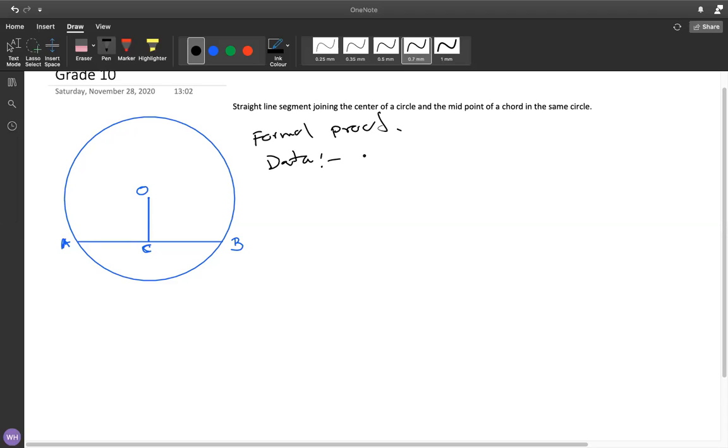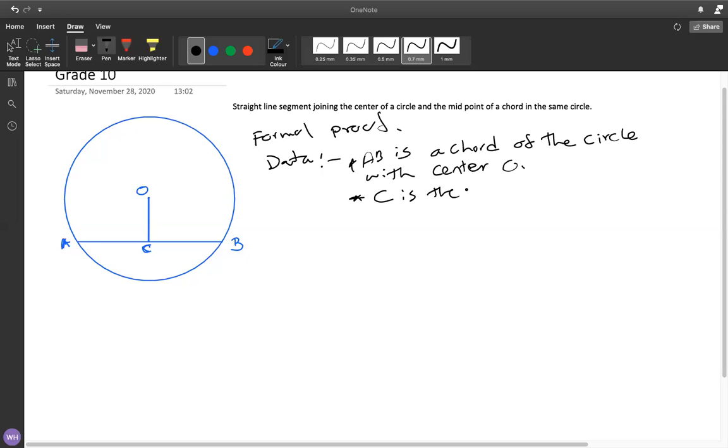So you can say that AB is a chord of the circle with center O. That will be the most convenient data given, and you can state that C is the midpoint as well. Don't write down, I will give you plenty of time to write. C is the midpoint of AB.